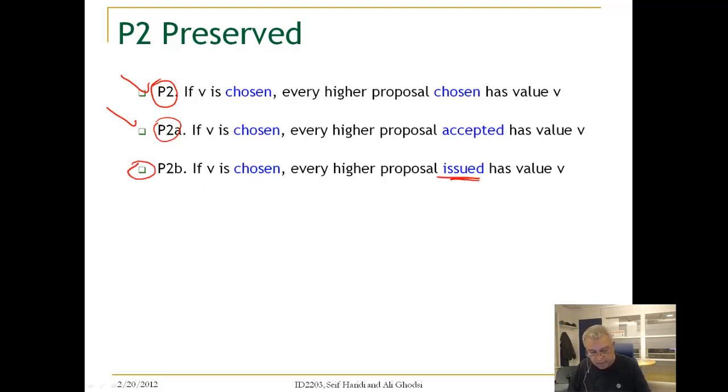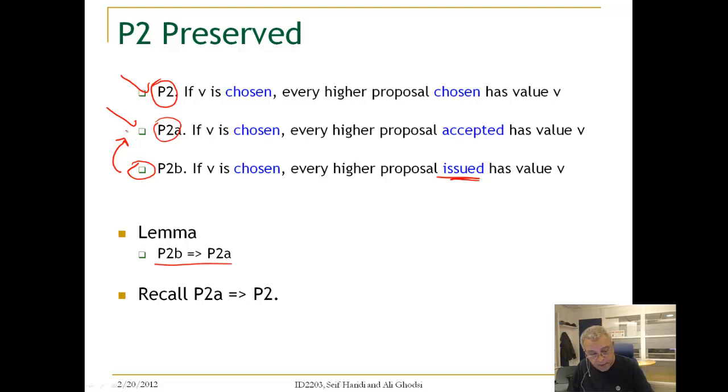So that is what we have right now. P2B implies P2A, so this implies that, and we know that this implies this, and therefore this now implies this.